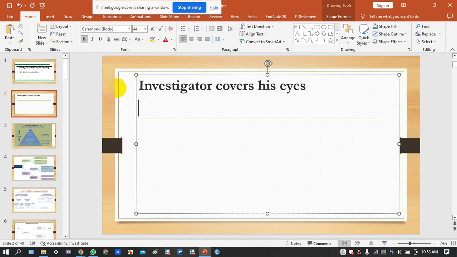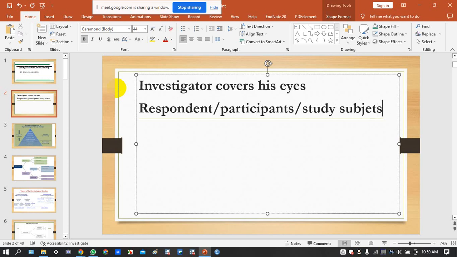then the respondent, anytime you hear respondent, is the same as participants or study subjects. So when the respondents' eyes are also covered, we call it blinding.